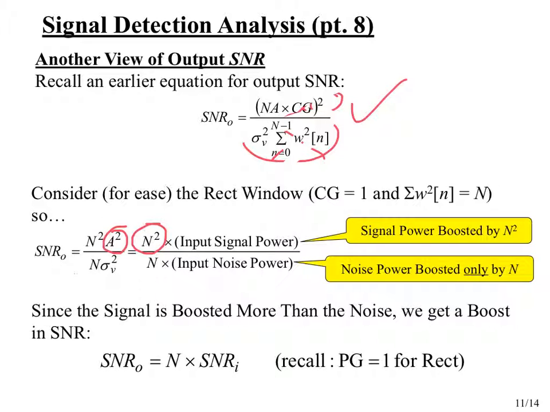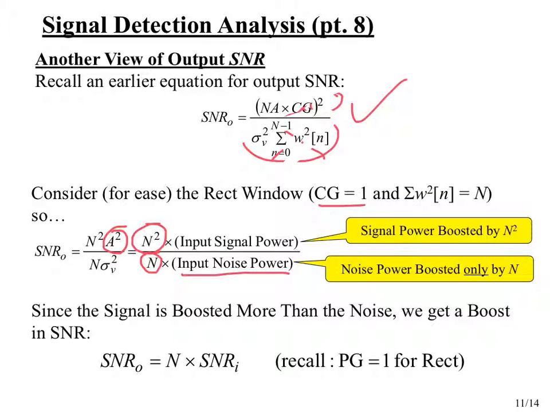So that's getting boosted by n times the coherent gain squared. Coherent gain is equal to 1 for the rectangular window case. And what happens to the noise power? The input noise power gets only boosted by n. And so that's how we end up coming out ahead.